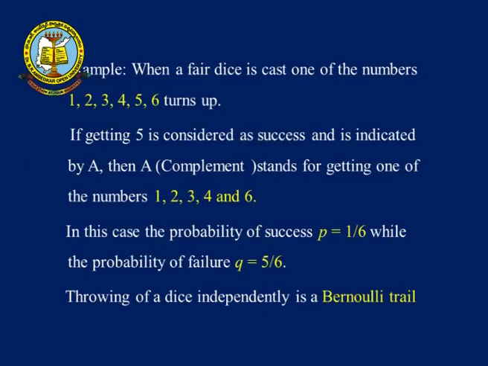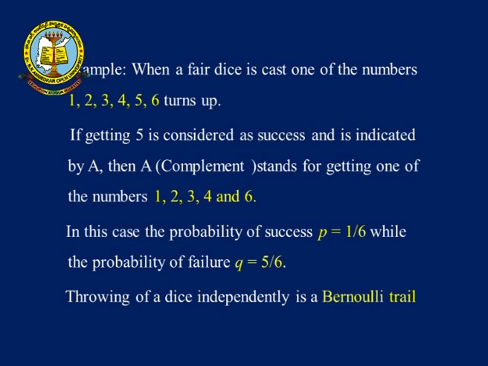For example, when a fair dice is cast, one of the numbers turns up: 1, 2, 3, 4, 5, 6. If getting 5 is considered as a success, indicated by A, then A complement stands for getting one of the numbers other than 5, those numbers are 1, 2, 3, 4 and 6.